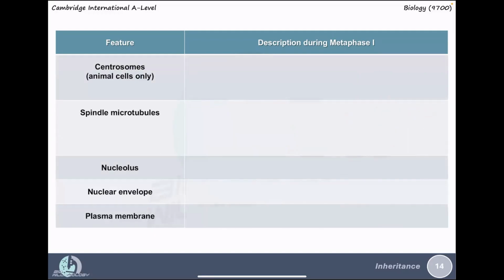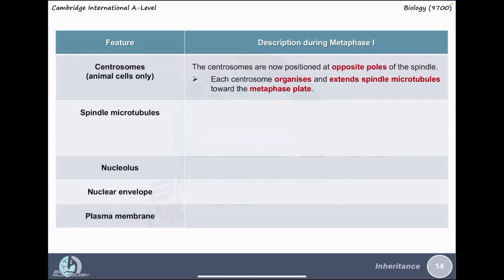Centrosomes, in animal cells only, are now positioned at opposite poles of the spindle, and each centrosome organizes and extends spindle microtubules towards the metaphase plate, where they attach to the kinetochore.